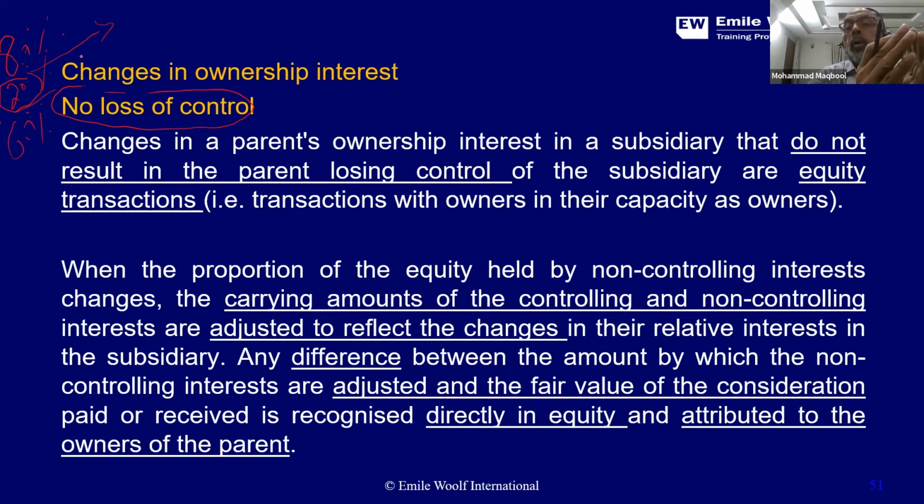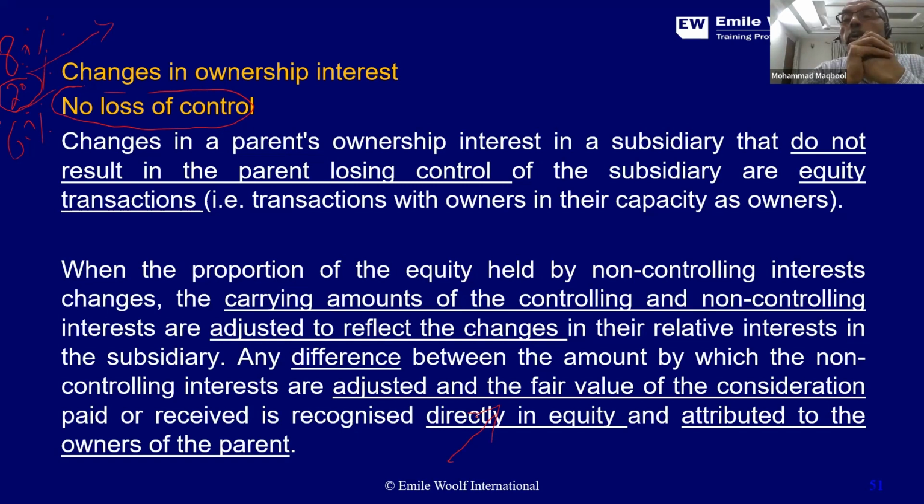So they say, if there's a gain or loss on the transaction between the owners, then it is placed in the statement of changes in equity, not the profit and loss account. So we should take it directly to the statement of equity rather than taking it as a gain or loss in the profit and loss account.